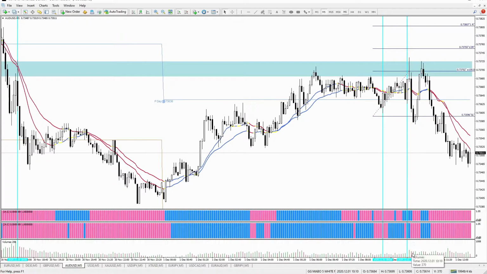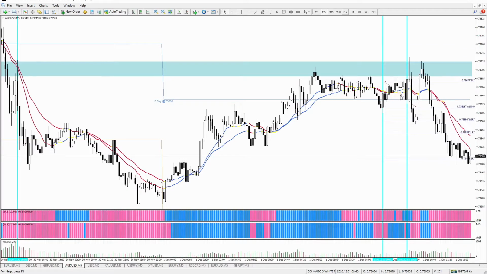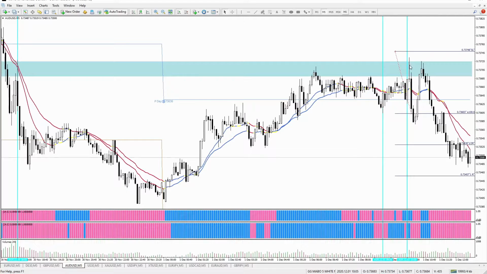Volume was also a little bit higher than usual. So the bears now get in control, and what we can do then here is try to see if there is a breakout of this low here. Remember, we are in a trap, or the markets have set up a trap.